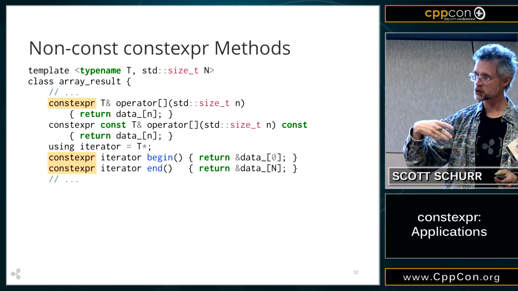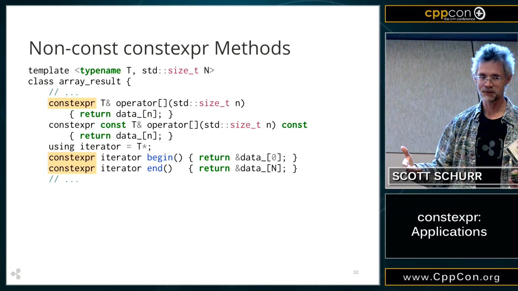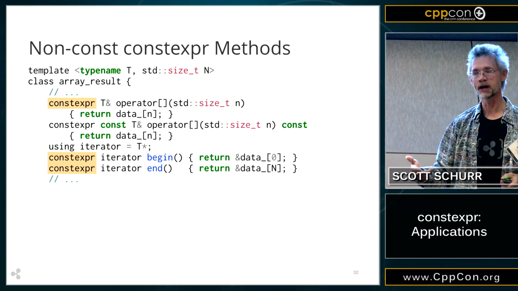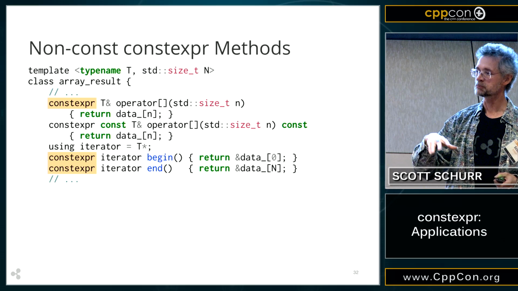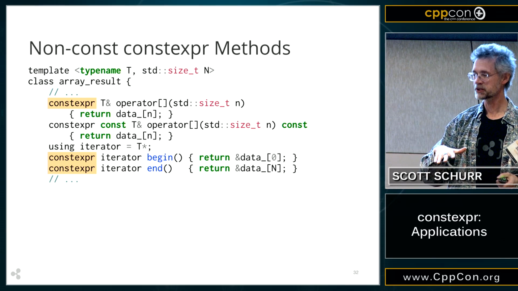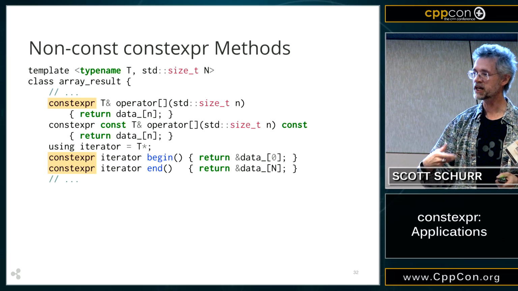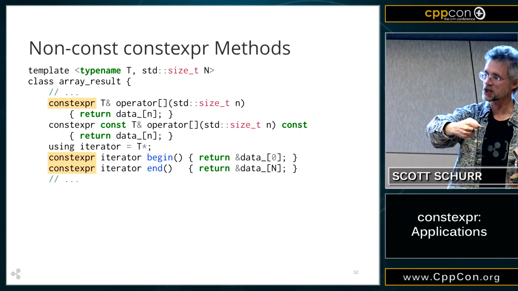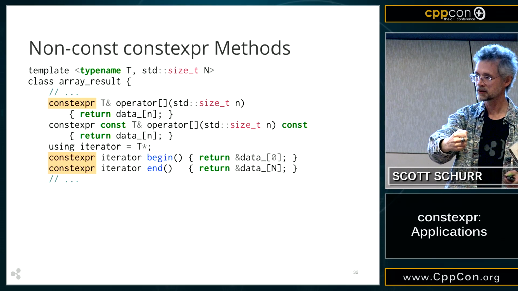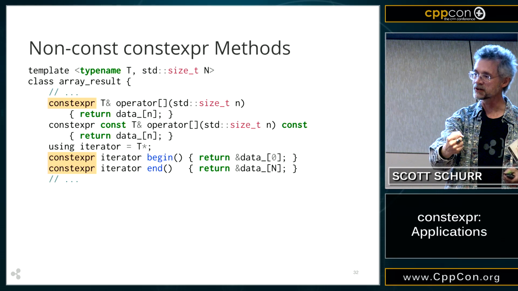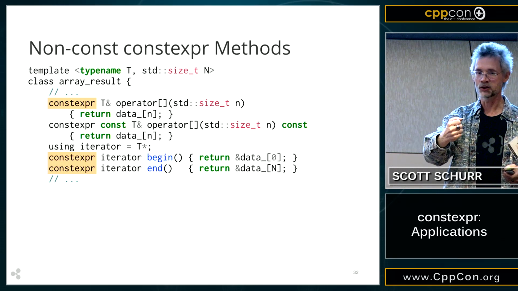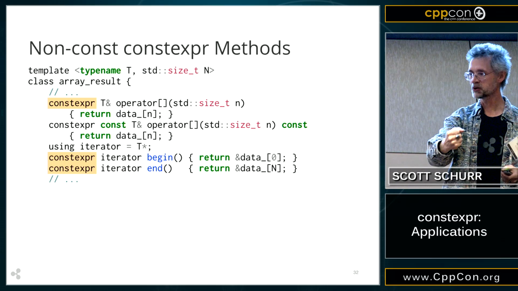When you're constructing your array in C++14, there's a while where you get to play with the contents. That's really important. So the contents of your array can change until you return it to the constexpr value. Once it hits the value, then you're locked in. It's no longer mutable.